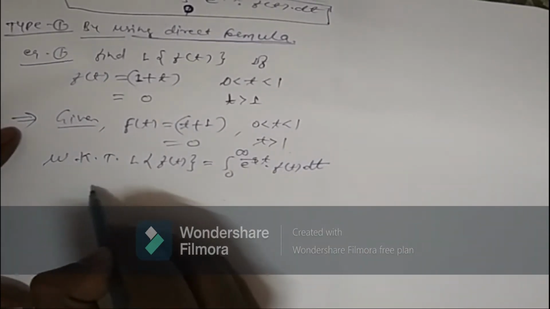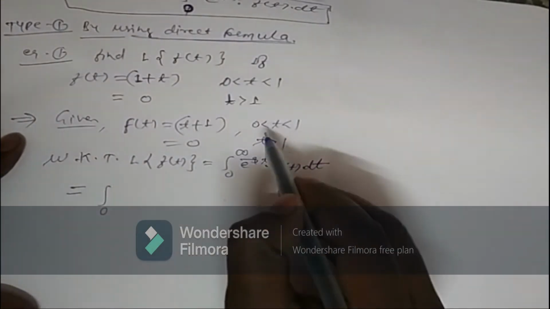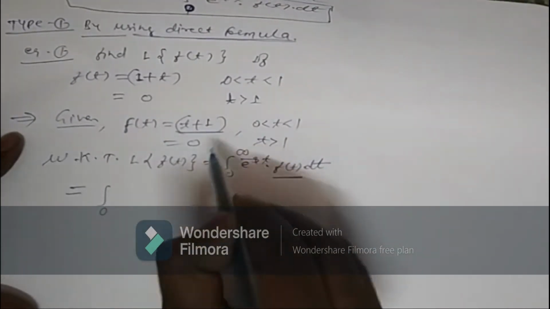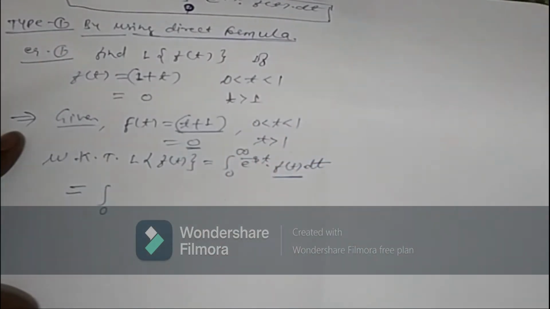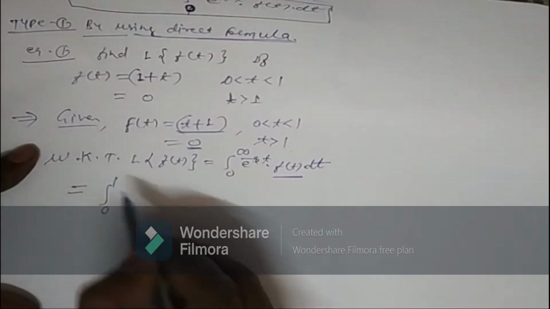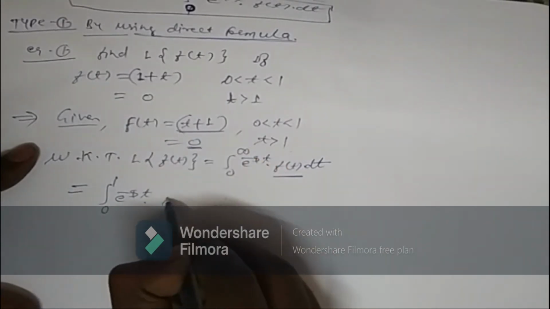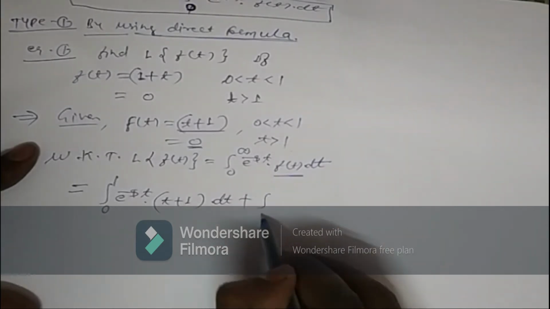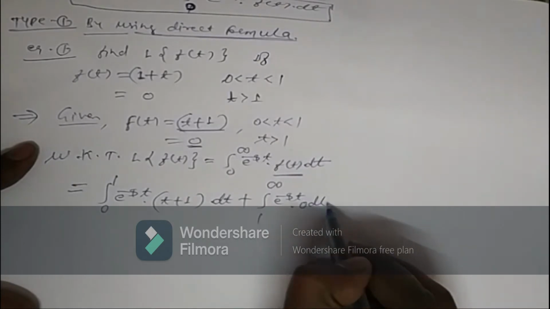How to find? Look at this. So that is equal to integration from 0 to, so this f of t is divided into two parts. This f of t is t plus 1 for 0 to 1, and for 1 to infinity the value of that function is 0. So now put this value here. For 0 to 1, e raised to minus st into f of t, that is t plus 1, into dt, plus integration from 1 to infinity e raised to minus st into 0 into dt.